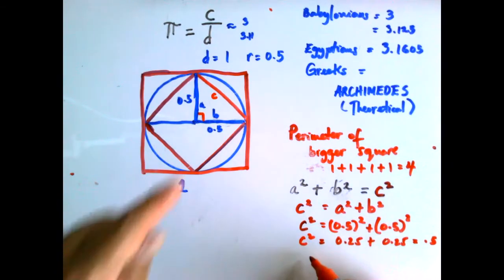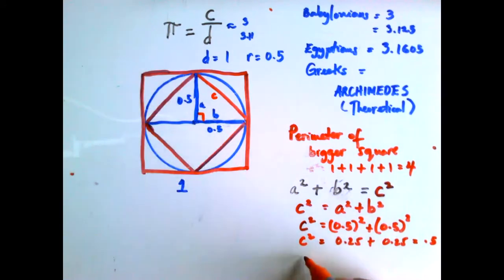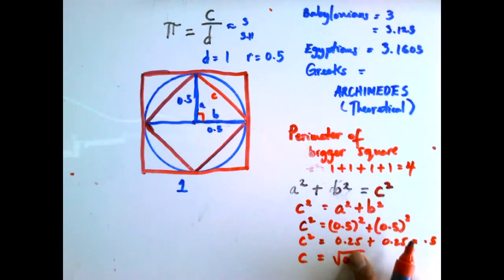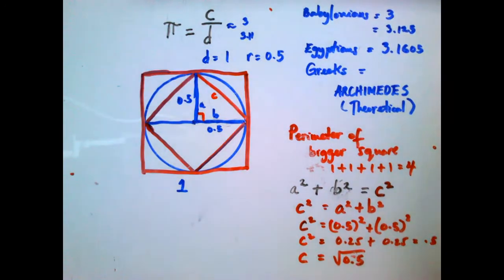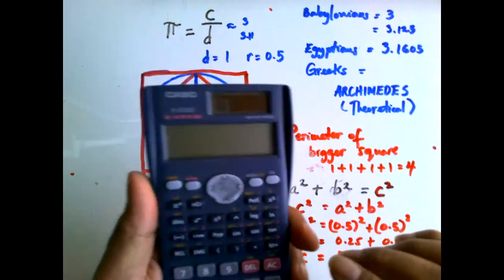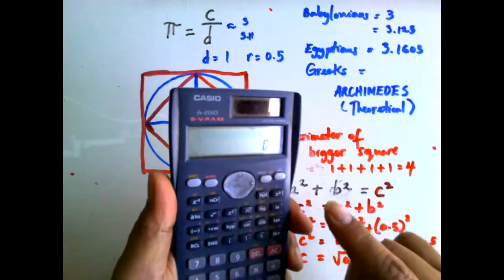to get the length of c, we're going to get the square root of this. So the square root of 0.5. Let's do it properly. 0.5. There you go. So in this sense, we try to get the help of our calculator.